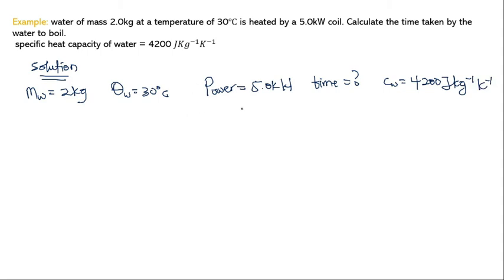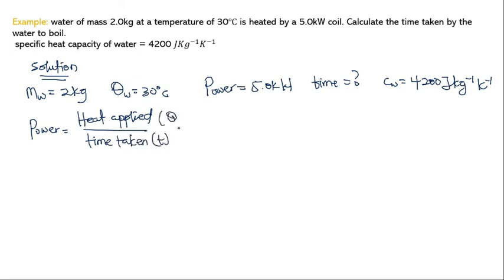Alright, now we have a new parameter over here. So power, okay, power is equal to what? Heat applied over what? Time taken. Okay, so our time is T, our heat is what? Q. Okay, so now that we know that the formula of power involves the ratio of the heat applied to the time taken, we need to first of all find what?